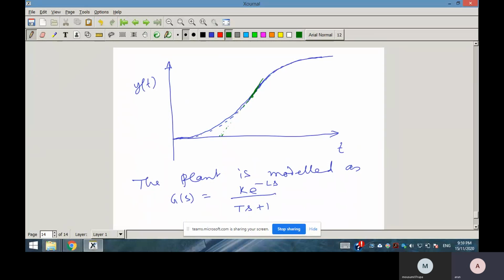Although my drawing may not be correct, I have to modify it.